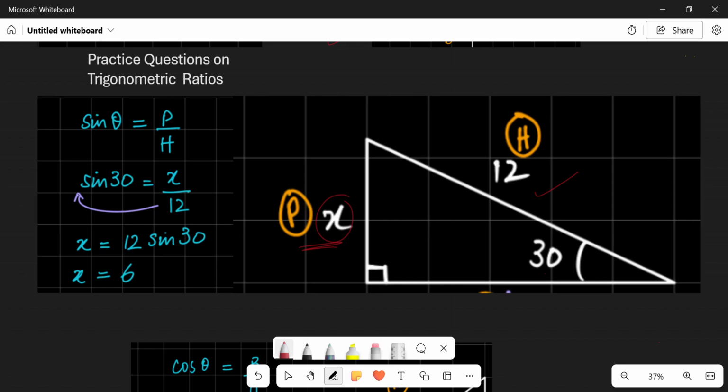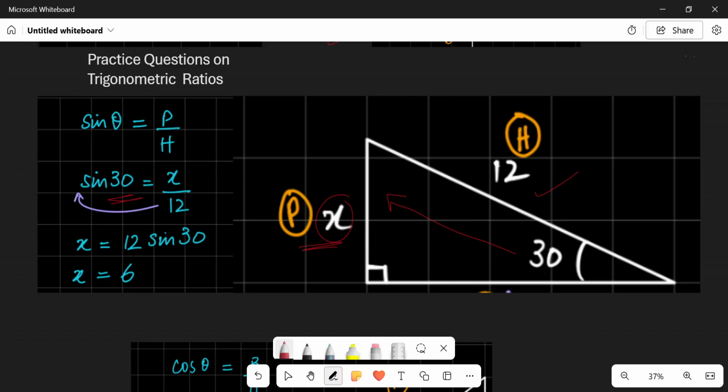What we have been given is the perpendicular, because the side opposite the angle is the perpendicular, and the hypotenuse. The perpendicular and the hypotenuse are included in sine theta. So we need to use sine theta here. The angle is given as 30, and the perpendicular is x over 12.